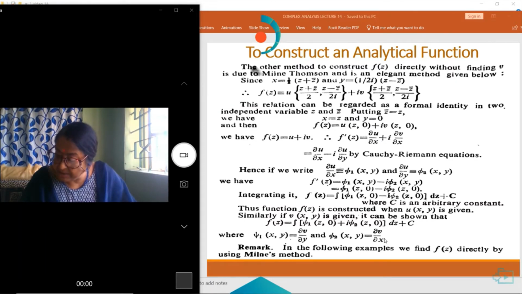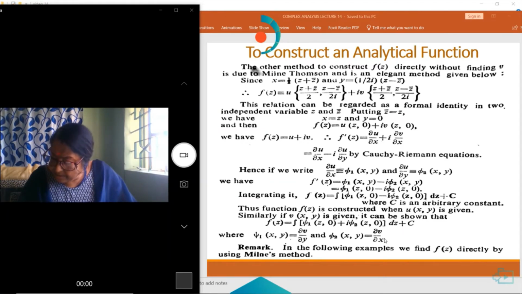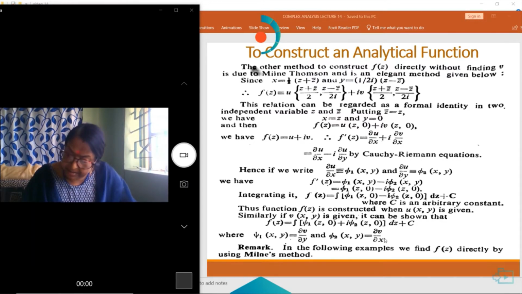Then integrating, we get f(z) = ∫ (phi 1(z, 0) - i phi 2(z, 0)) dz plus a constant, where phi 1(x, y) = ∂v/∂y and phi 2(x, y) = ∂v/∂x.